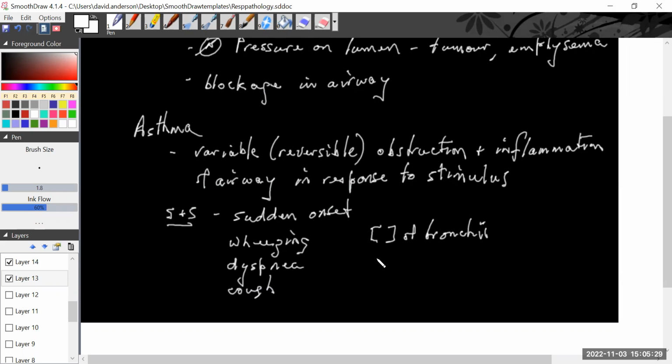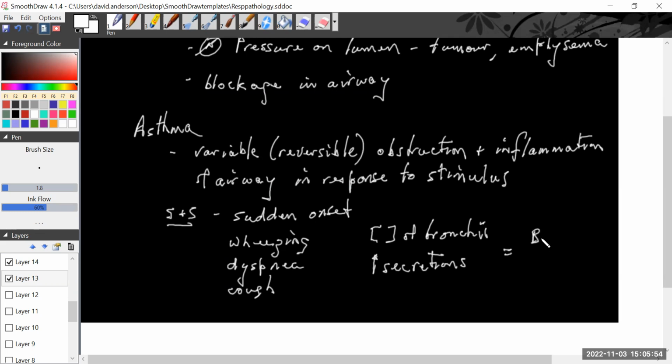And lots of secretions. There's a phrase we're going to use in a few minutes that's sort of classic for describing the pathophysiology of asthma. And it's from these two factors that we just listed here: contraction or constriction of the bronchial airway and the increased secretions that are produced.